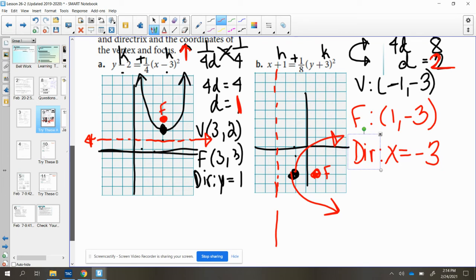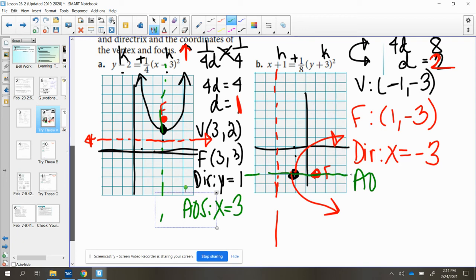Okay. Now, both of these could also be asking for the axis of symmetry. On this one, the axis of symmetry would be a vertical line through our value of 3. But in the second one, our axis of symmetry would be a horizontal line through -3.